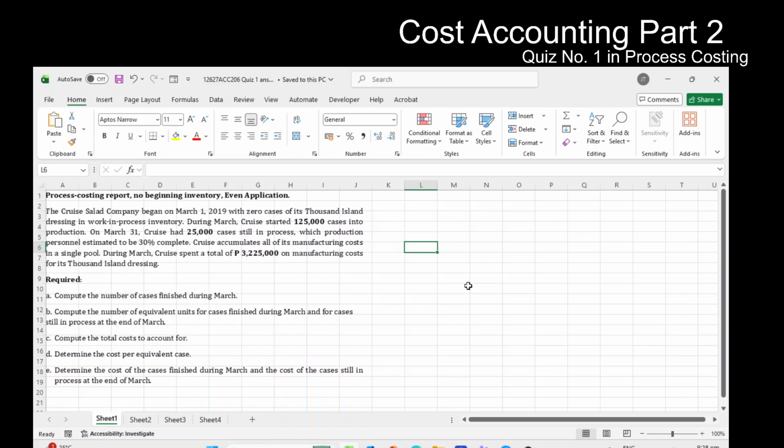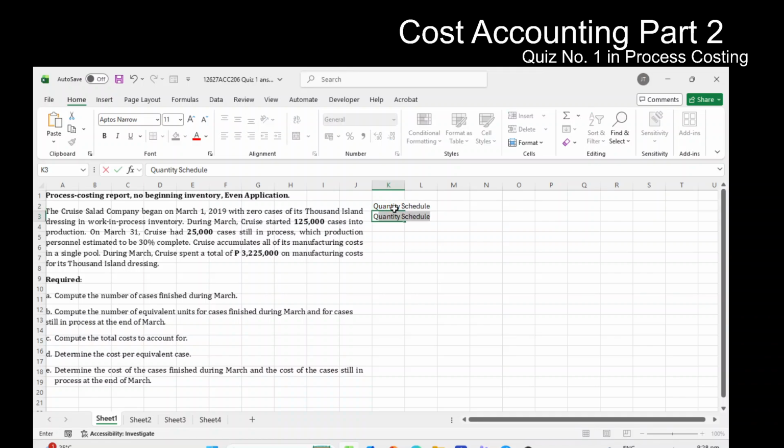Cruise accumulates all of its manufacturing costs in a single cost pool, and during March, Cruise spent 3,225,000 on manufacturing costs for its Thousand Island dressing. The requirements are as follows. Before we proceed, you can answer this by having the quantity schedule.